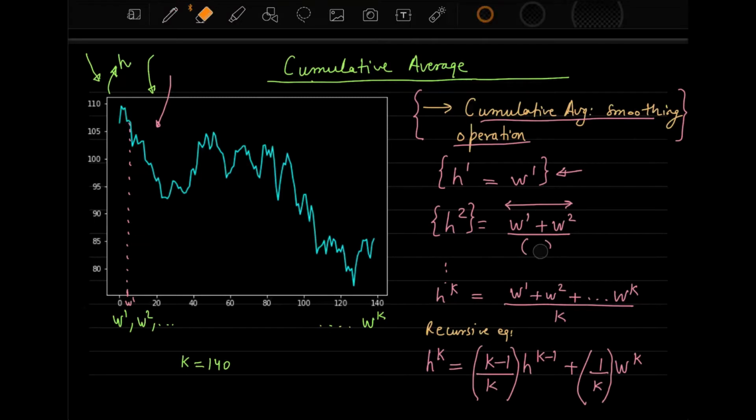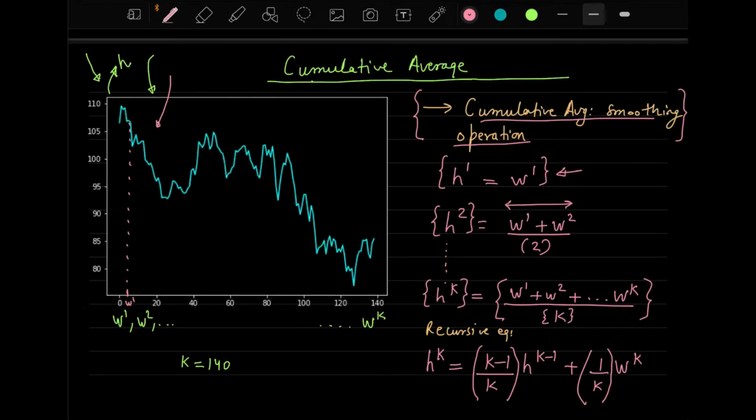I'm sorry, here it's not K, it will be 2, because you are averaging the two values. And when you move to the kth position, HK, then you are averaging K samples: W1 plus W2 till WK, divided by K. Whatever values you have at these positions, W1, W2 till WK, you add them up and average by the value of K.